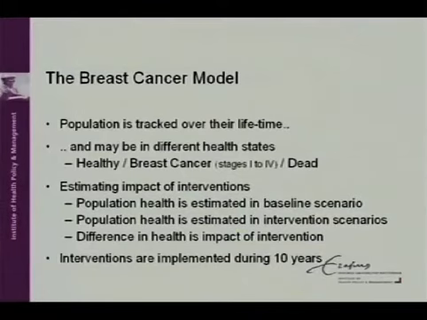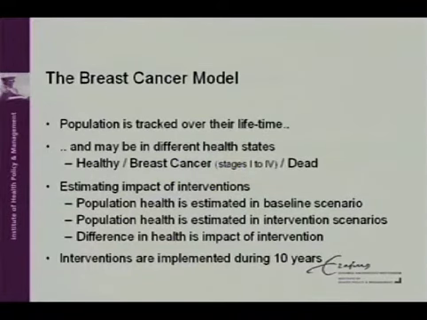We try to estimate the impact of several interventions, about which I will talk a little bit later on. First, we estimate the population health in a baseline scenario. That's basically the current scenario in a specific country. What kind of care does a certain country have implemented so far, and what does it give us in terms of health outcomes?